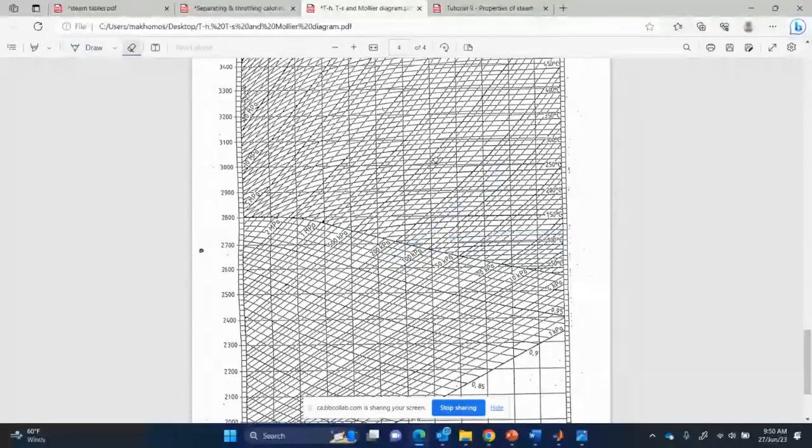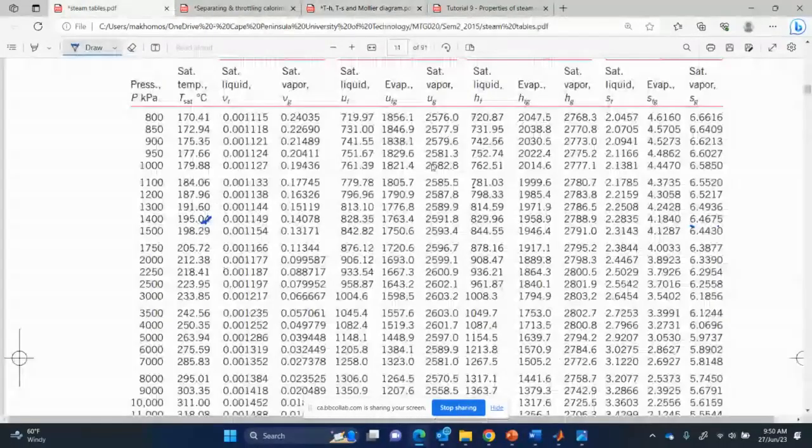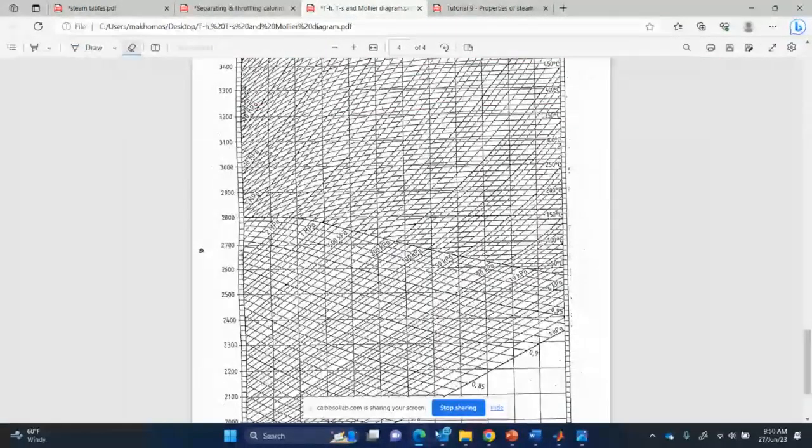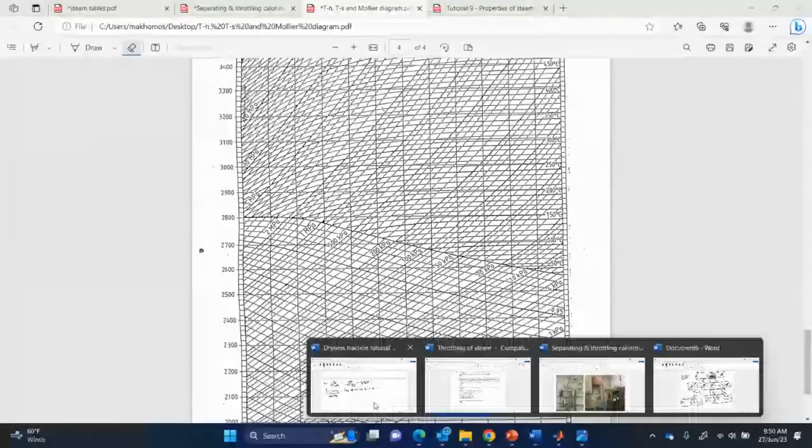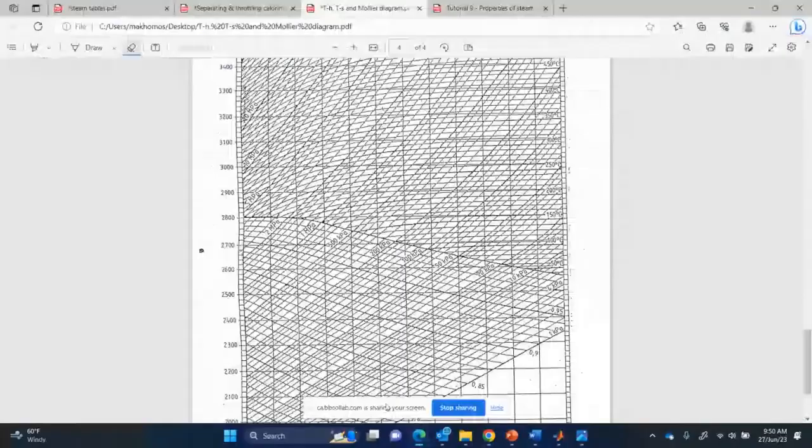Okay, so this is 150 and 170. 150, where's 150? This is 100, 120, 140, and 150 is somewhere here.